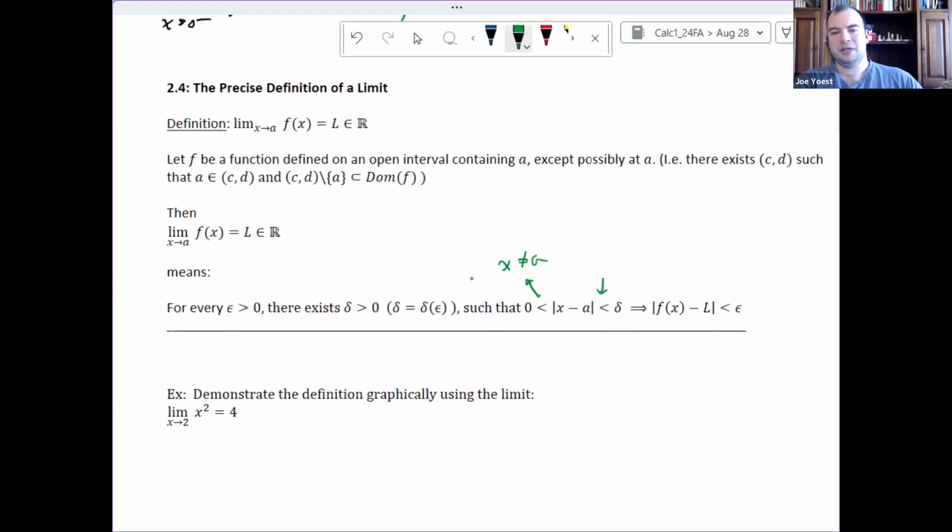And absolute value of x minus a less than delta means negative delta less than x minus a less than delta, or that x is between a minus delta and a plus delta. x is close to a if delta is small. Delta depends on epsilon, so if epsilon is small, delta is probably going to depend on it in a way that it is also small.